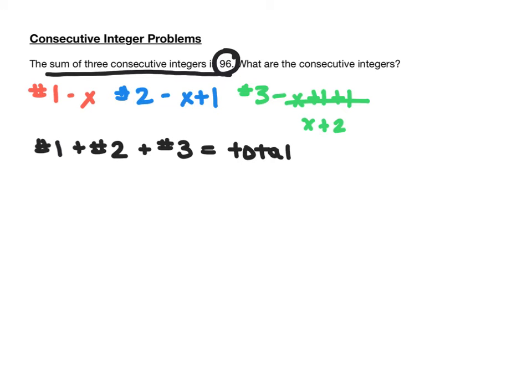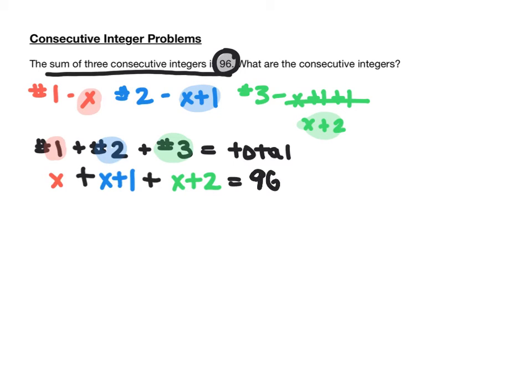So if I substitute, I have the first number, x, plus the second number, which is x plus 1, plus the third number, which we simplified to x plus 2. And it all equals the total, which we previously found was 96.